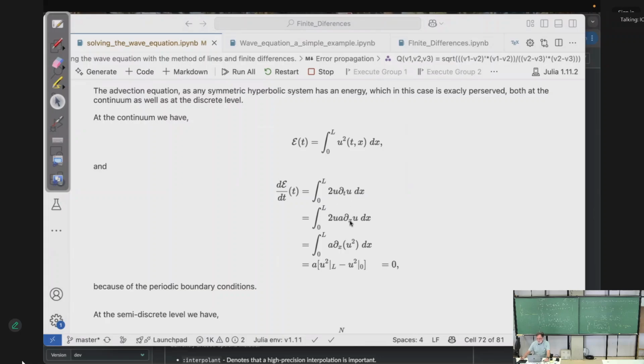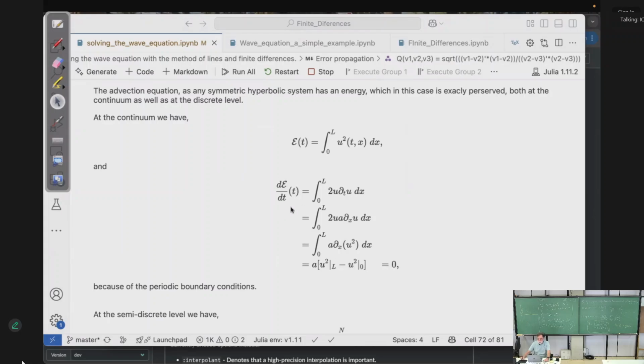Here you use the equation to replace dt of u by dx of u, and you put this 2u dx of u as the total derivative of u squared, and so this is equal to A times the difference between u squared at the endpoint and at the beginning, and since we are in a periodic situation, this is 0.